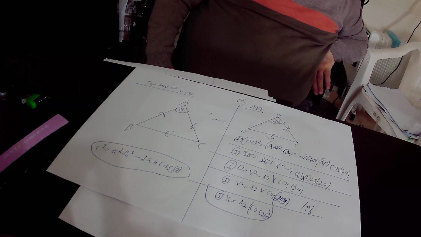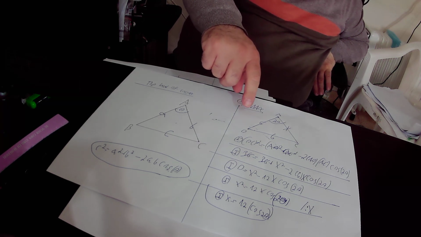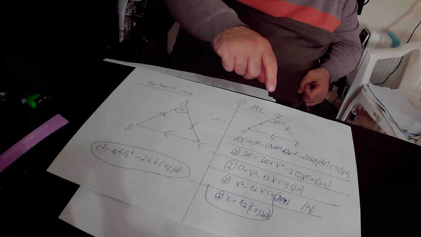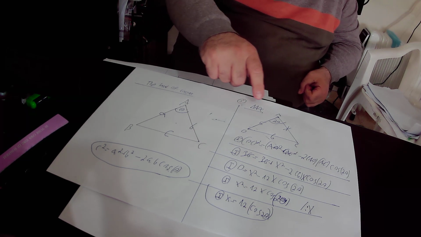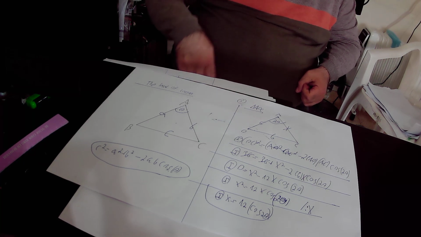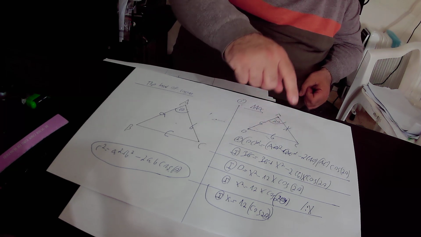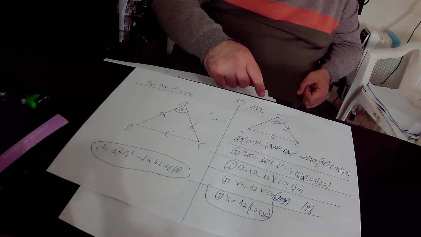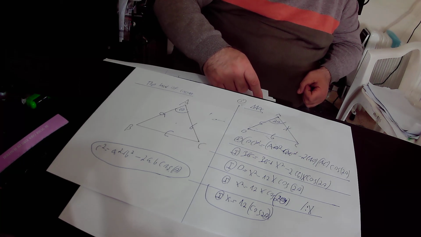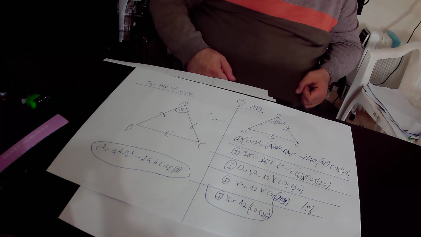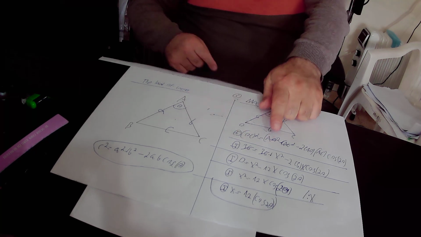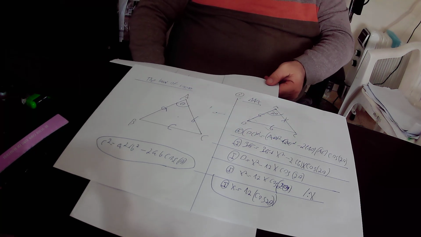OC equals 6, so OC squared is 36, and it is equal to AO squared, which is 6 squared, 36 also, plus AC squared, and AC equals x, so AC squared is x squared, minus 2 times AO, that is 6, times AC, that is x, times cosine 2 theta. Here we have 36 on both sides of equation number 1, so 36 gets cancelled.